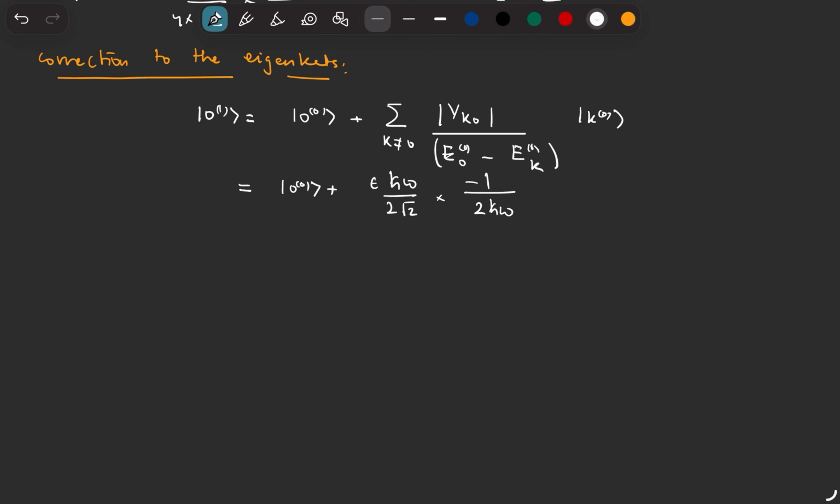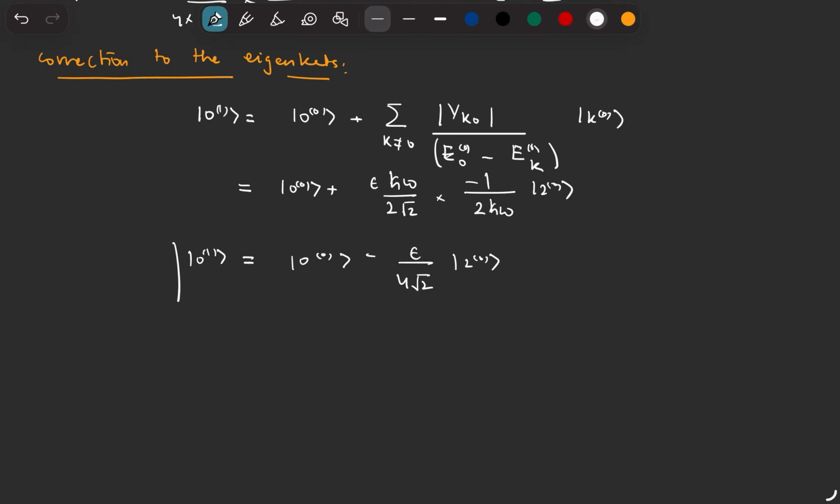I believe, yes, and that is obviously the unperturbed second level. So this correction, or whatever you call it, the dressing, or whatever you like to call it, is minus of epsilon upon 4 square root 2 times the second level.